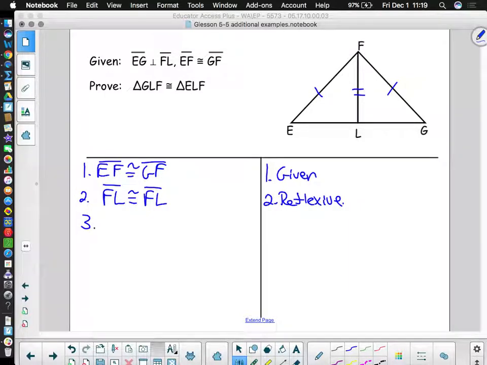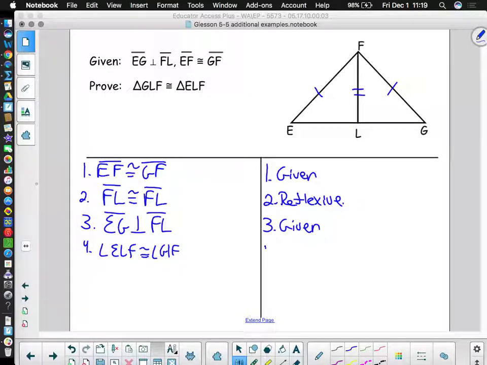Finally, I have my other given, EG is perpendicular to FL, which means what? When we say it's perpendicular, it means they form what? Right angles. So angle FLE, or ELF, we'll stick with the L, is congruent to angle GLF.